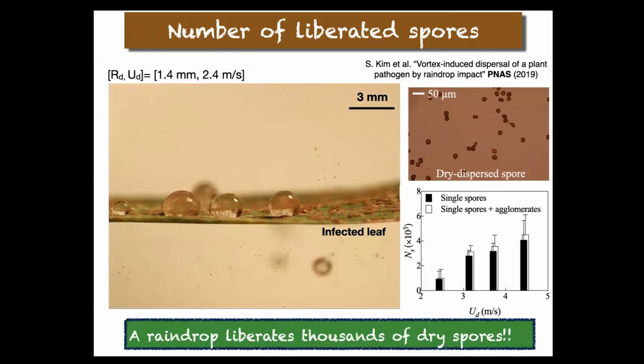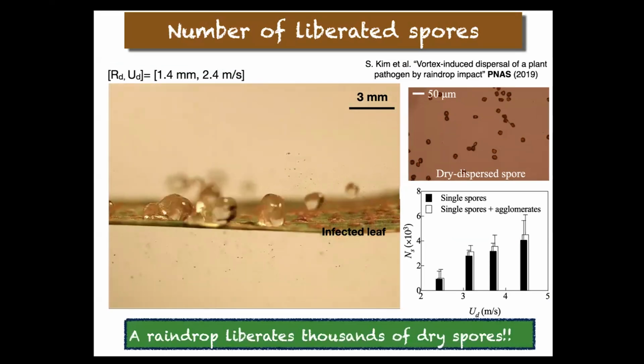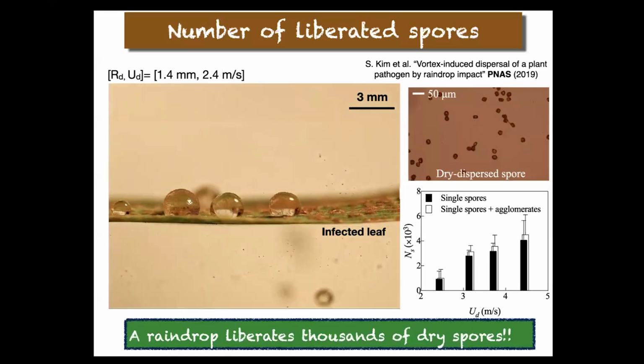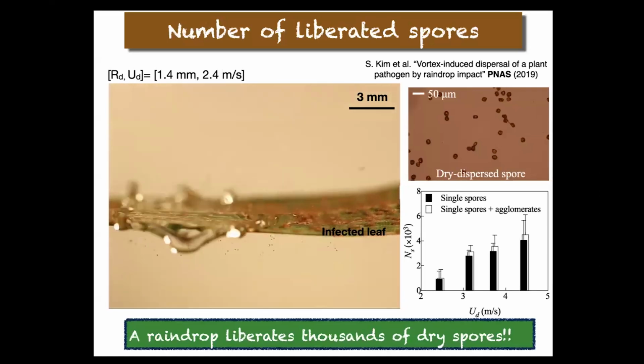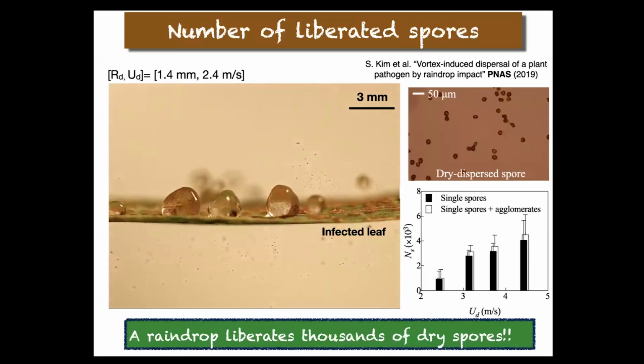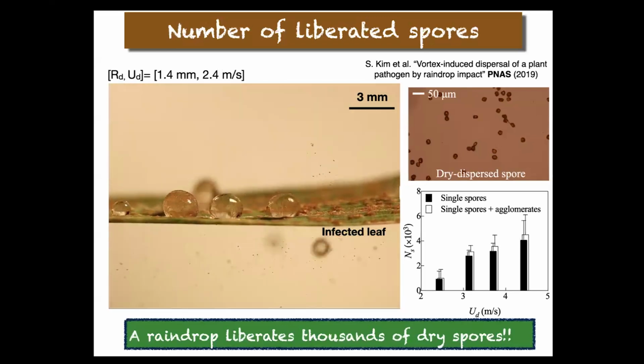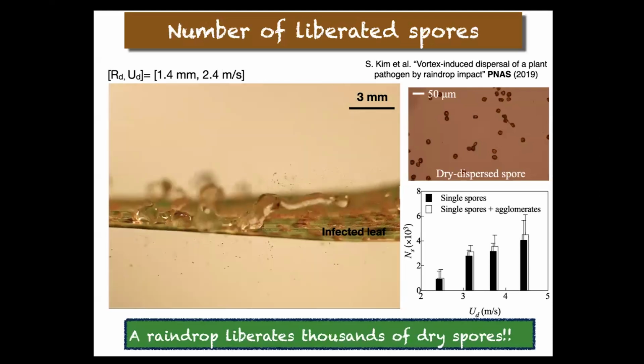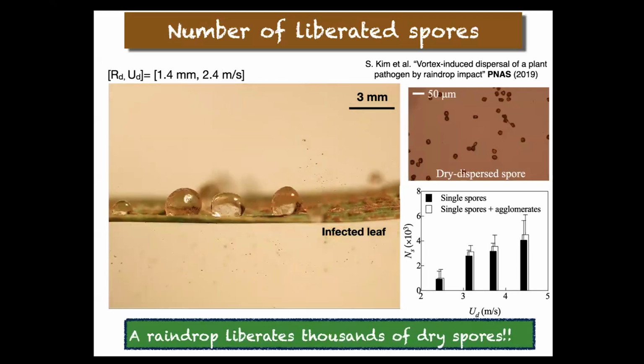I had undergraduate students count all the spores manually. So about 1,000, and 3,000, and 4,000, 5,000, depending on the impact speed of the raindrop. A single raindrop can create 1,000 spores up in the air, which then sediment on the ground.